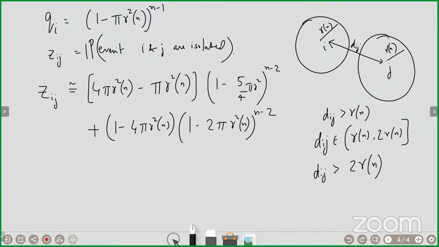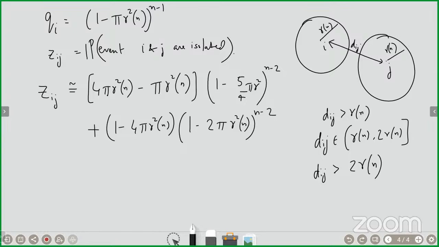This you can check. The constants are not very important. That is what the areas you can quickly get restricted. So the first term belongs to this interval, the second term belongs to the distance being greater than 2rn.